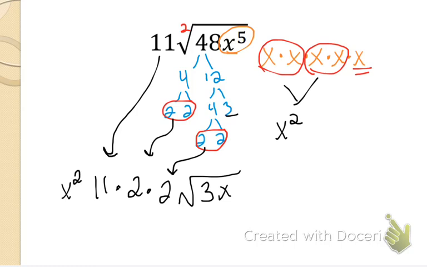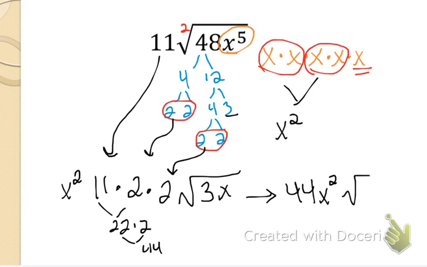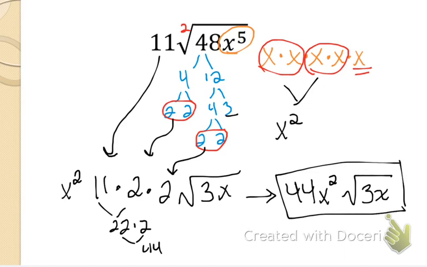So I'm going to rewrite all this mess so it looks a little cleaner. 11 times 2 is 22. 22 times 2 is 44. So I'm going to start off with 44. And then we had our x squared, square root of 3x. This is the simplified answer of what we had here. And that is it.